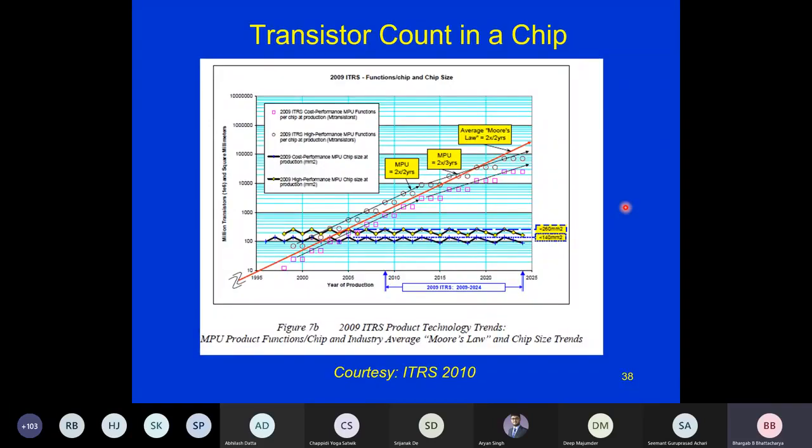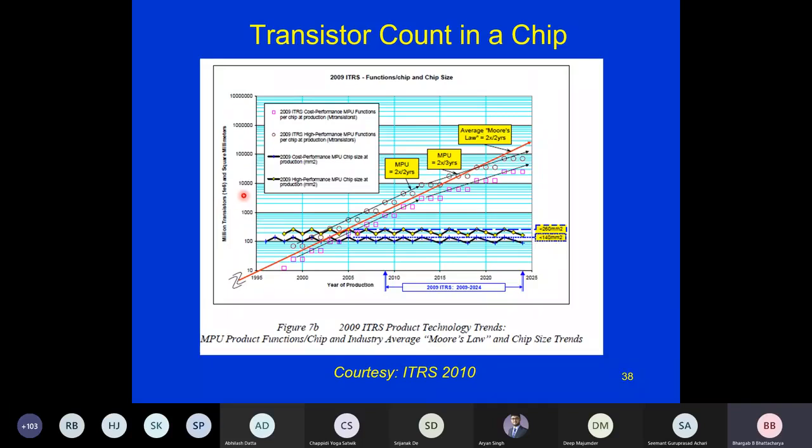If we look into this, this is the famous plot which describes Moore's law. On the vertical scale is the number of transistors in millions, or transistor density, and as you can see, the vertical scale is logarithmic.